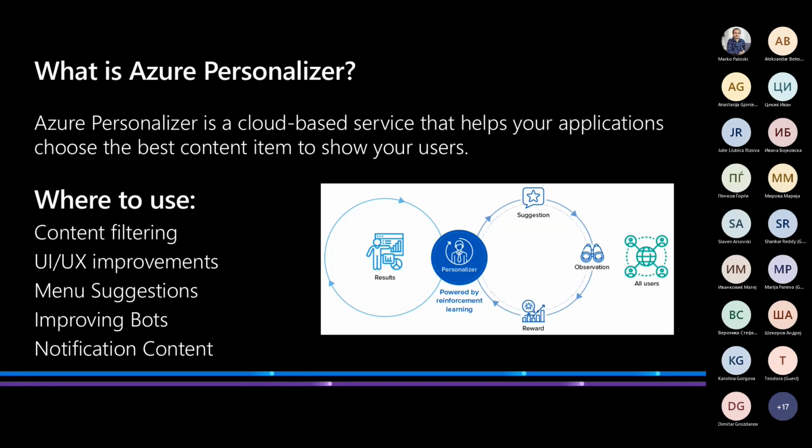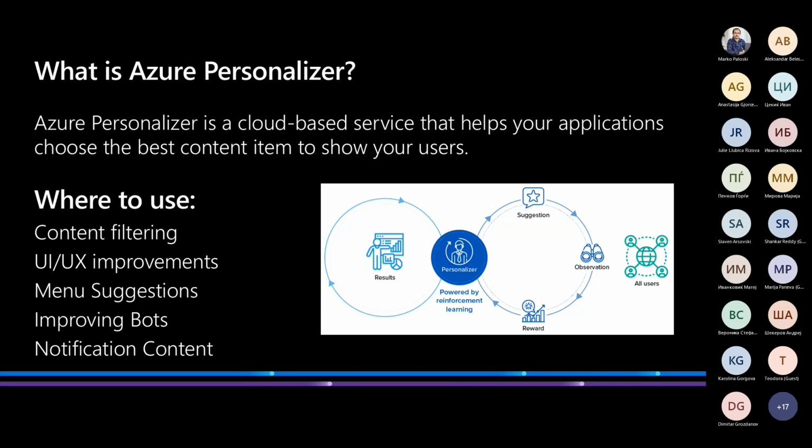So how is this working? If you have Personalizer integrated in your application, the Personalizer suggests something to the user. So it suggests an action, a place to go, a news item to read, or an item in general. It depends on the kind of application that you have. The user then sees these suggestions, and the Personalizer observes the reaction.